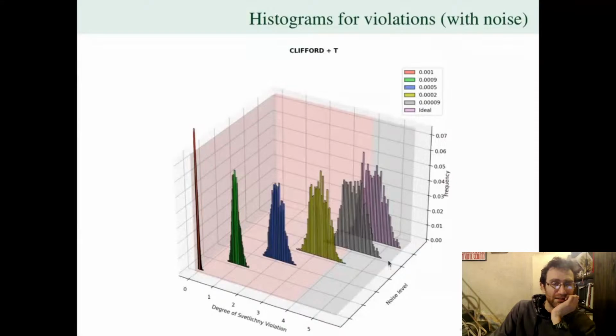And then the histogram moves to the left until no non-locality is observed. And this is very important because by comparing the noisy histogram with the ideal one, you can have a very concrete idea of the noise affecting your system. So this can be used as a benchmarking tool or for calibration purposes on a quantum processor.